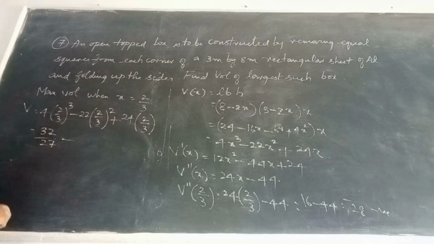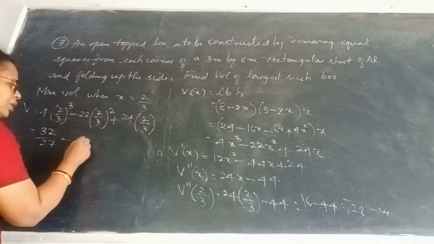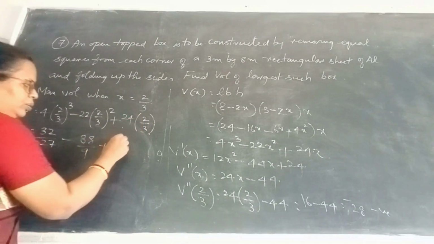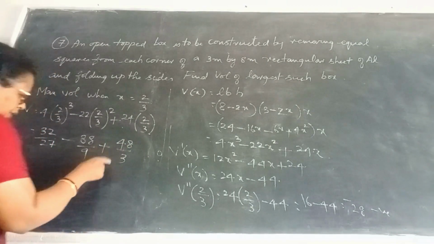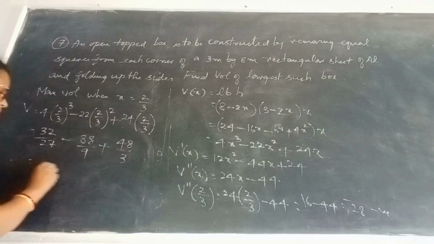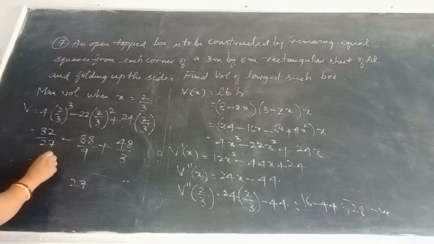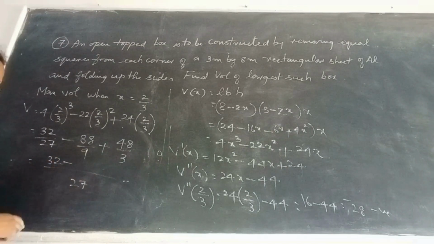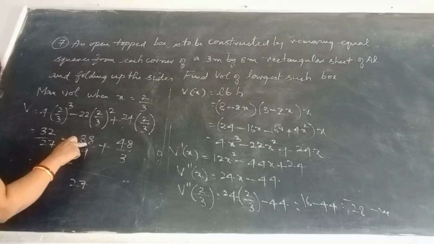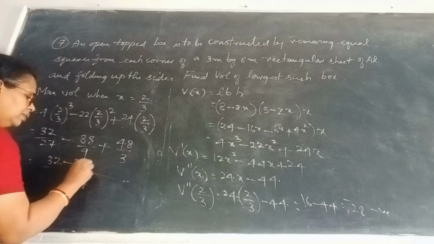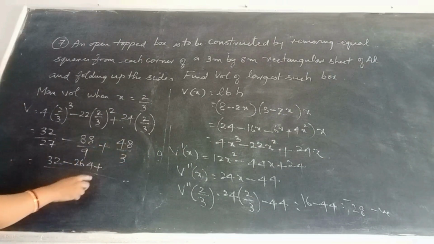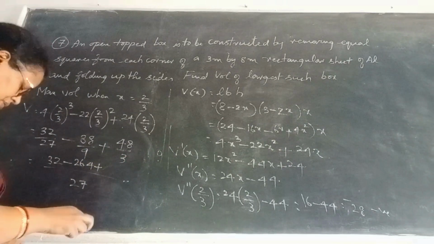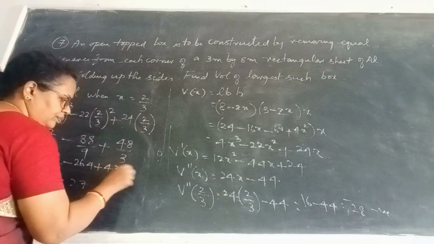Minus: 3 squared is 9, 2 squared is 4. So 4 into 22, 88 by 9. Plus 24 into 2, 48 by 3. Take LCM 27. When LCM 27 is taken, 32 minus 88 into 3, because 27 is 9 into 3, so 88 into 3, 264, plus 48 into 9, because 27 is 3 into 9, so 48 into 9 is 432.